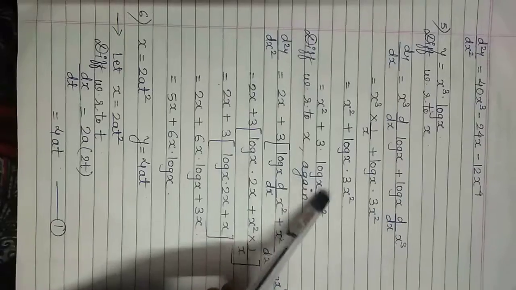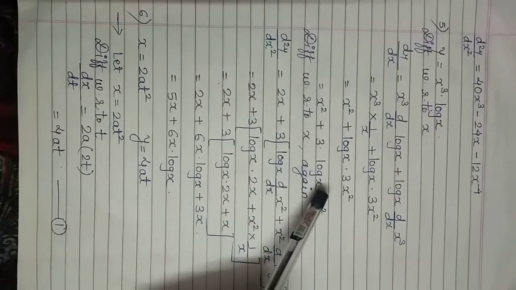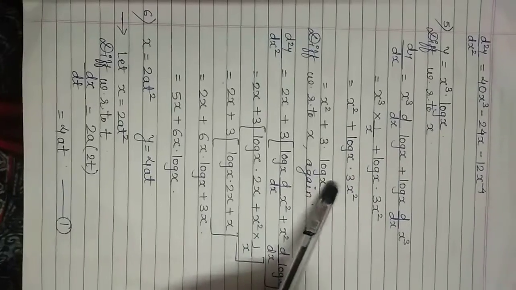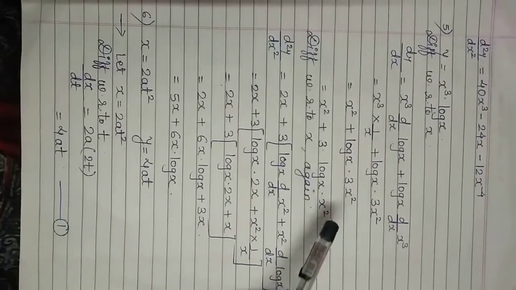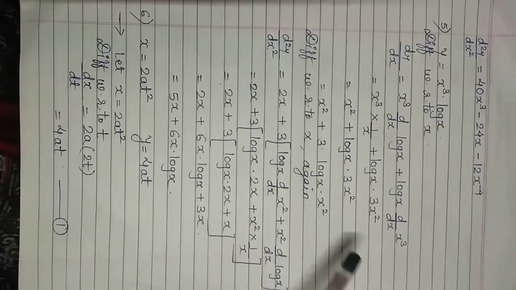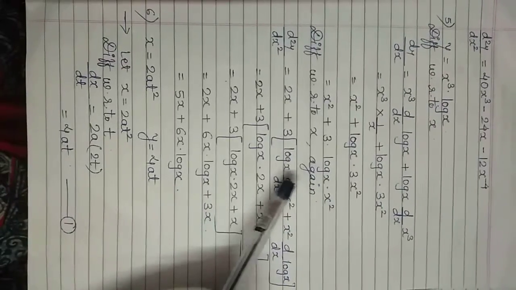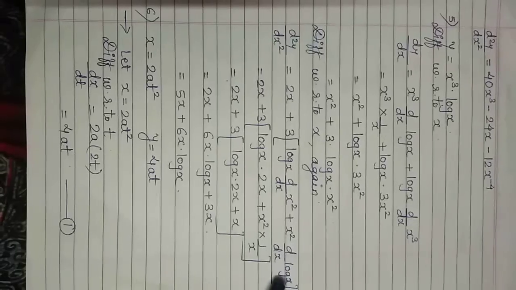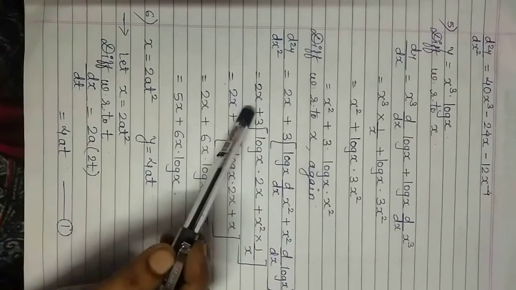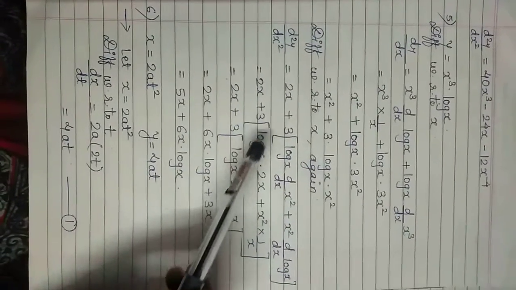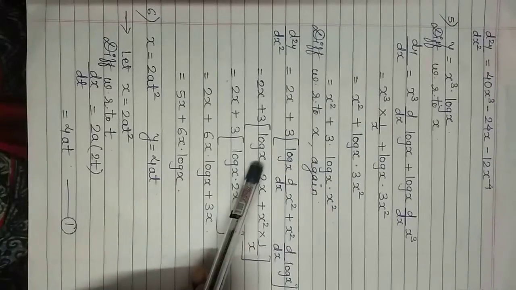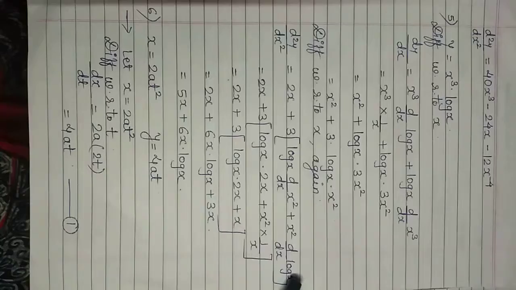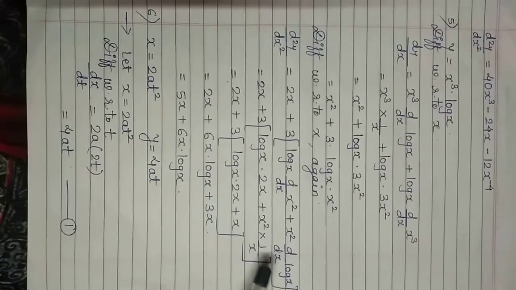To these two terms again we will apply u into v rule formula, where value of u is log x and value of v is x square. So log x into derivative of x square plus x square into derivative of log x. So 2x plus this 3 as it is, in bracket log x into 2x plus x square into derivative of log x, that is 1 upon x.